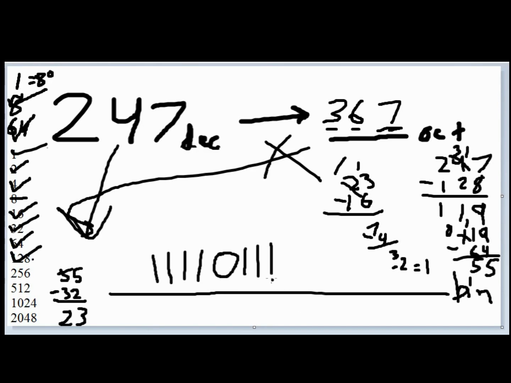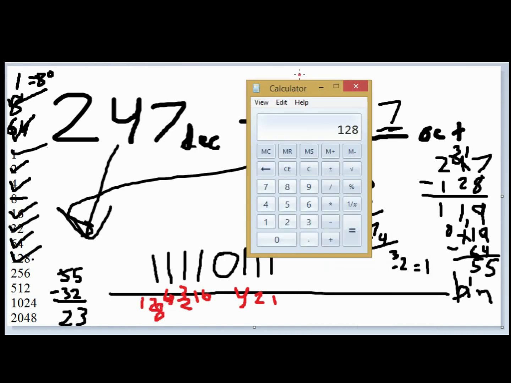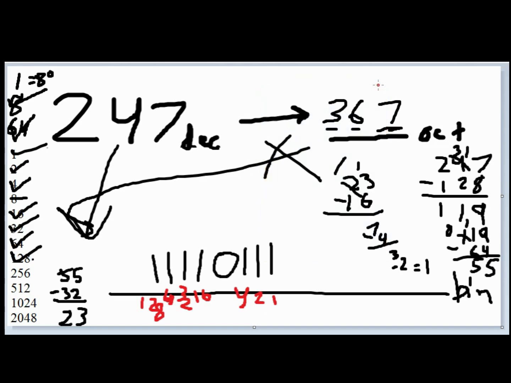This is the binary representation, because here's the 1's place, the 2's place, the 4's place, the 8's place, which is 0, the 16's, the 32's, the 64's, and the 128's. And if I were to quickly add all these ones up together, you can see that I do actually get back to my 247. And that is decimal to octal and decimal to binary.